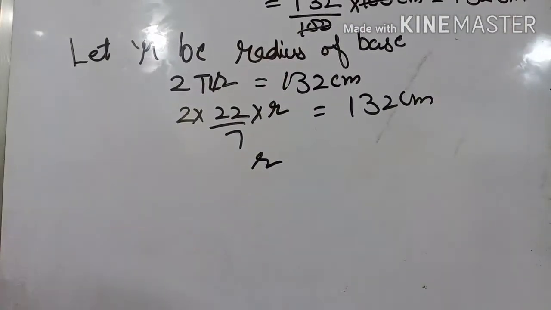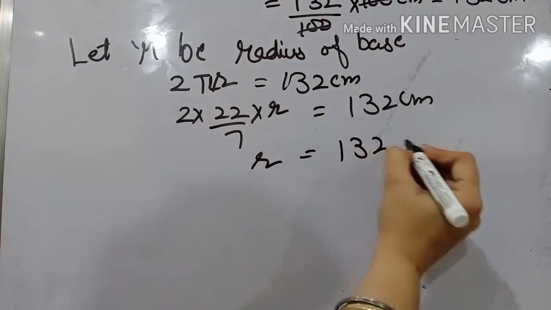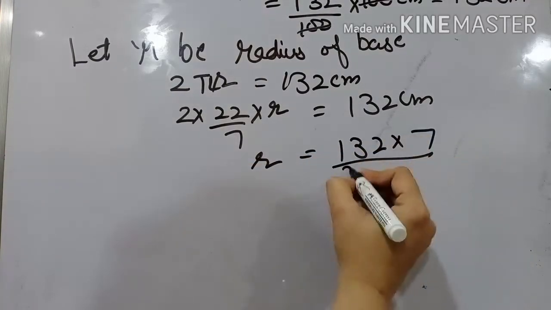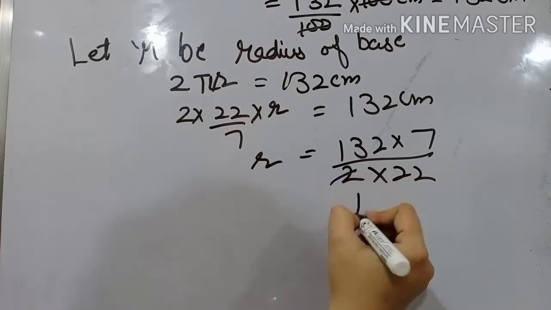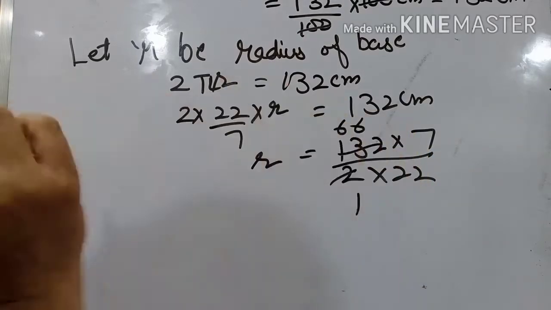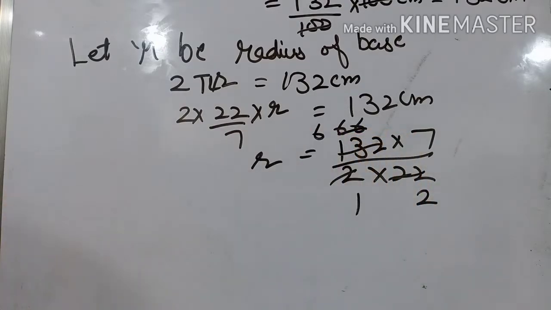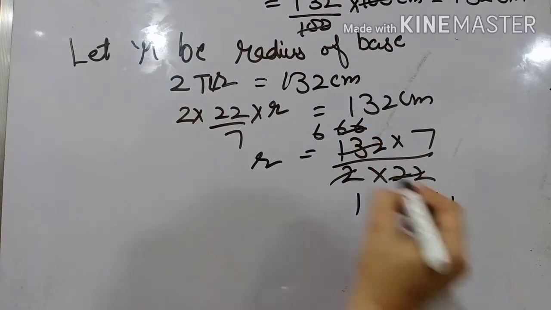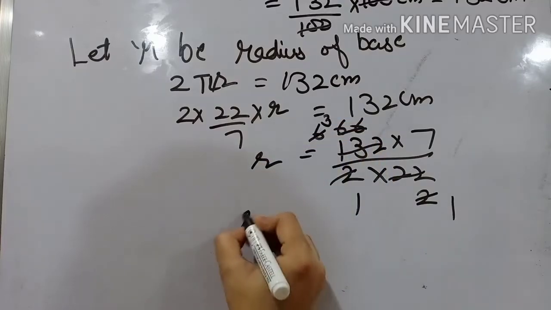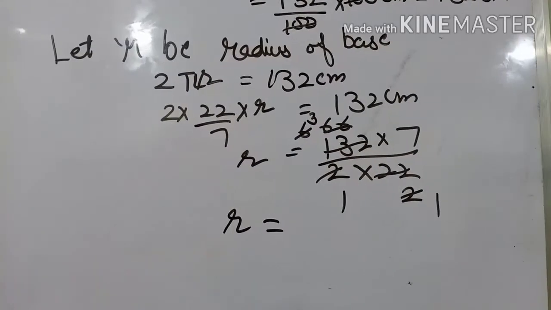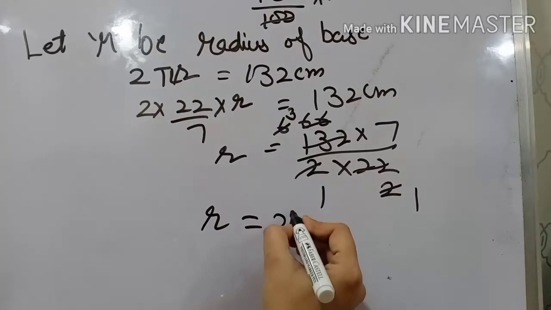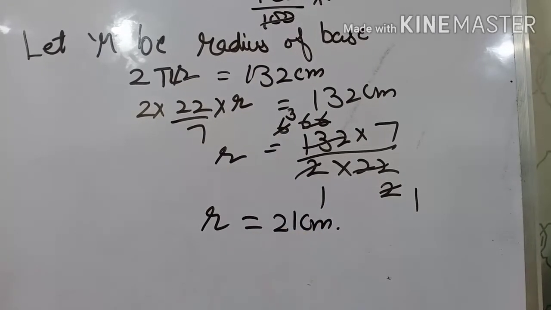If we calculate the radius, what are we getting? 132 multiply 7, 2 into 22. 2 1s are 2, 2 6s are 12, 2 6s are 12. 11 2s are 22, 11 6s are 66. Again 2 1s are 2, 2 3s are 6. So what will be the radius? Radius is 7 3s are 21 centimeter. So you are getting a radius 21 centimeter.